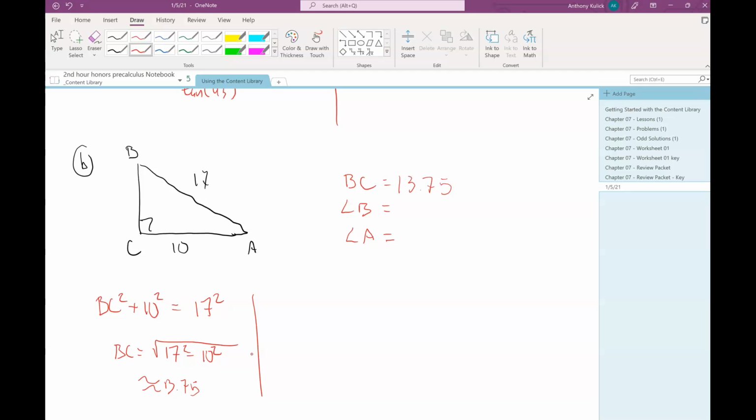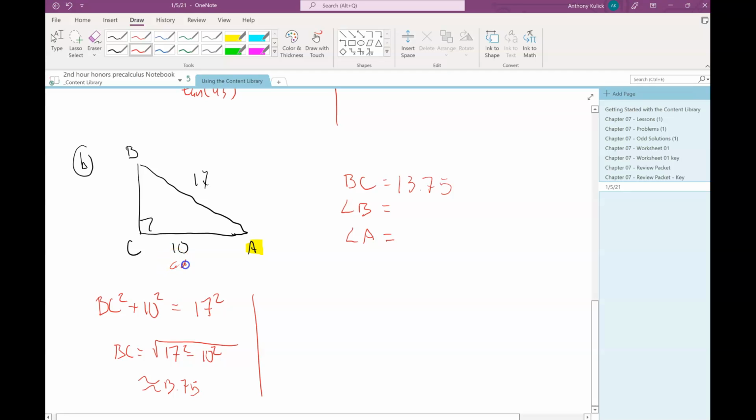So far, so good. Okay. Let's pick an angle to solve for next. Does it matter which angle I pick? No. Let's say for the sake of argument, we're going to pick angle A. So relative to angle A, the side that's 10 is opposite, adjacent, or hypotenuse?